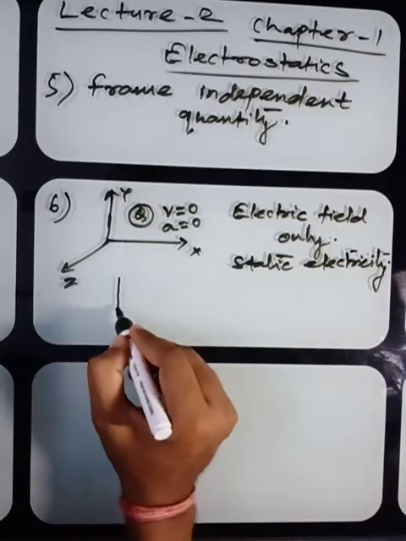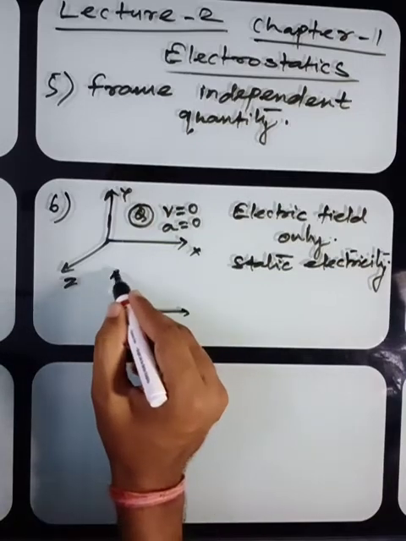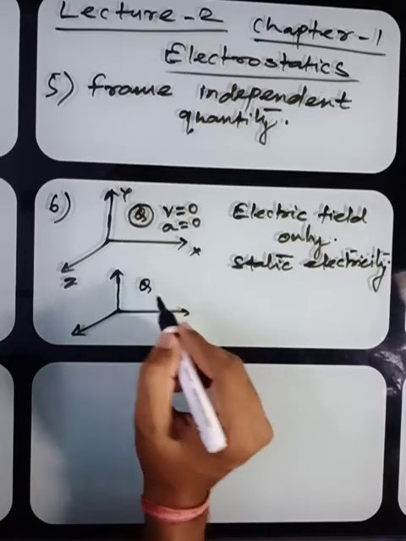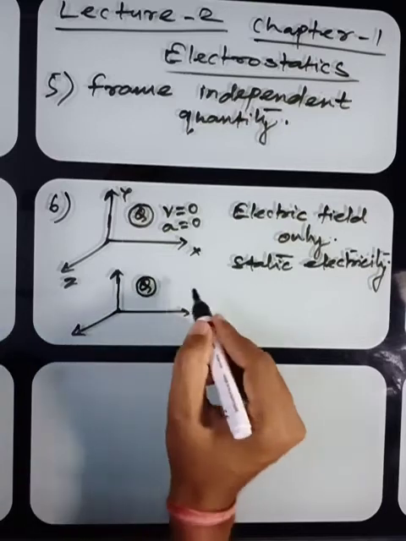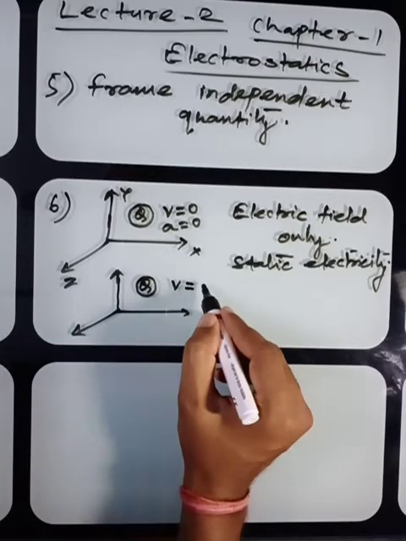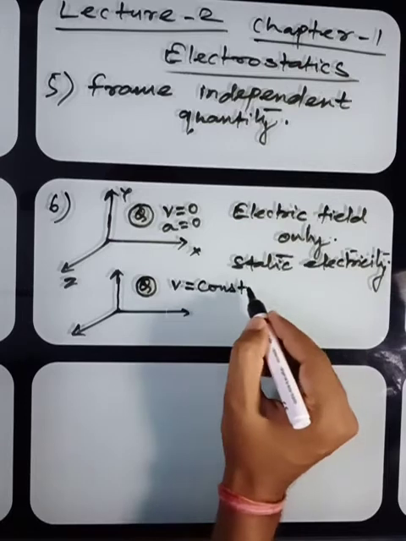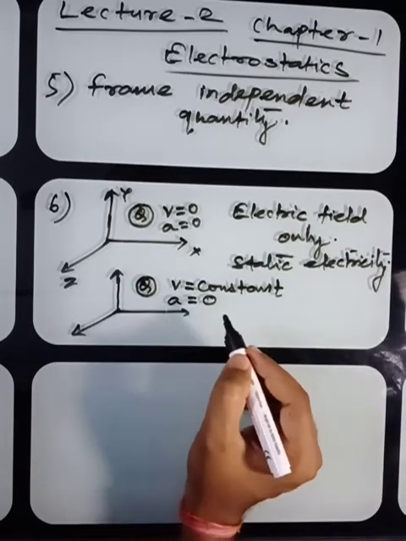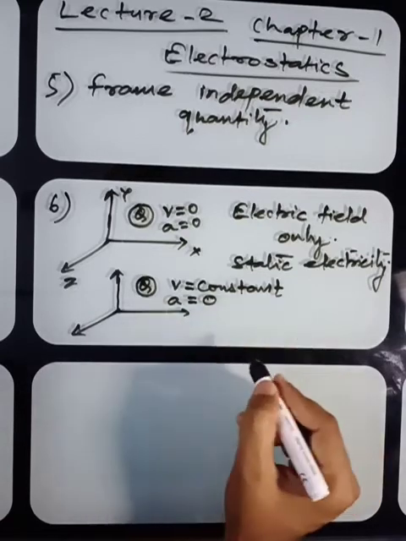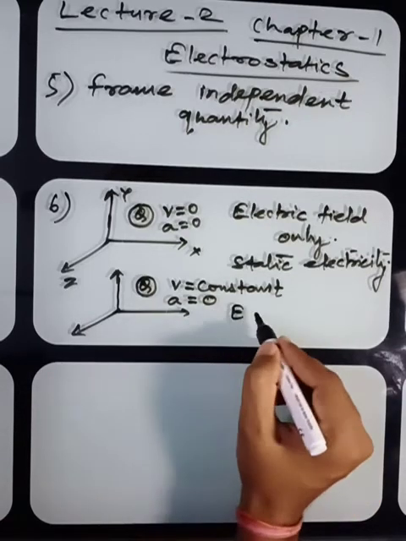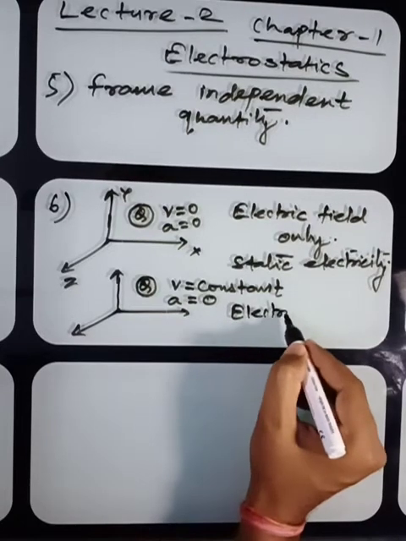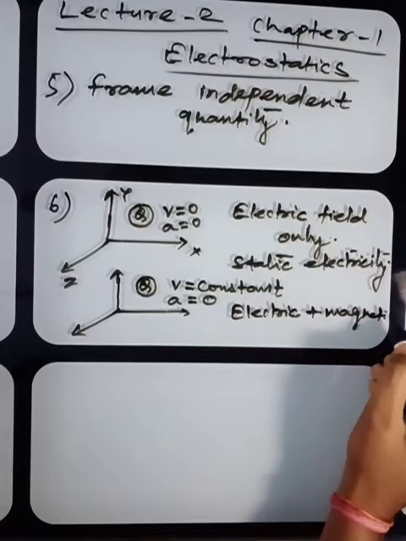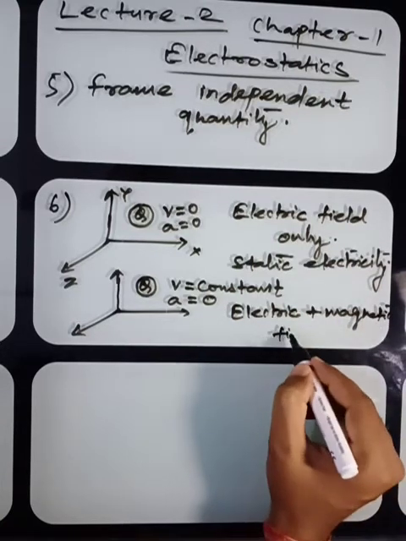But if a charge is placed in a frame and this charge is moving with constant velocity, remember, constant velocity but acceleration is 0, in this case it will produce electric plus magnetic field, both.